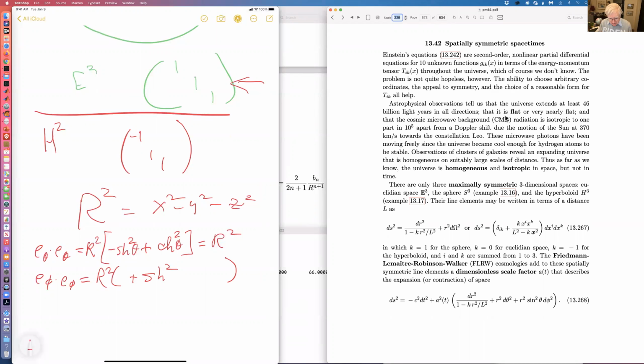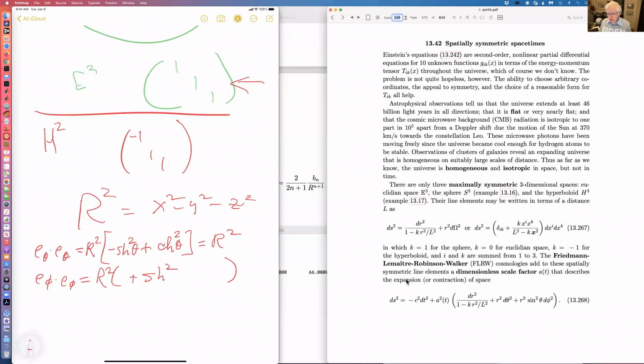I'm talking about space, not time, just space. Consequently, a good cosmology would model 3-dimensional space as one of the 3 maximally symmetric 3 spaces. One is Euclidean space, the sphere S3 is another, and the hyperboloid H3 is a third.